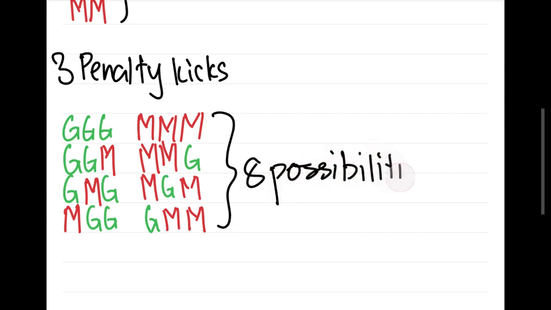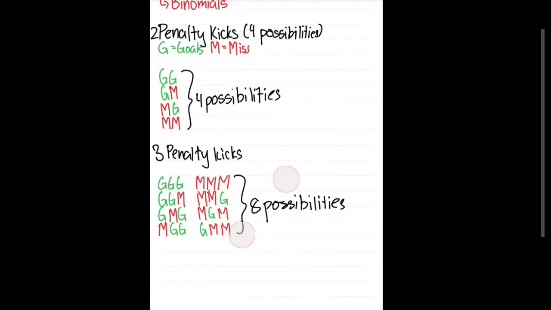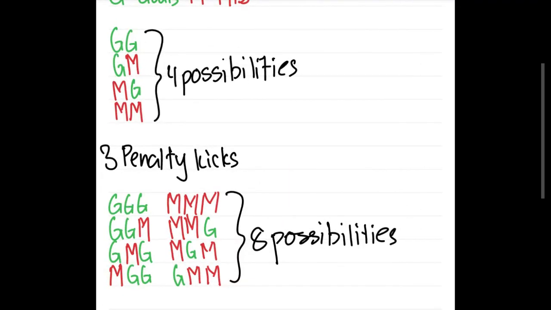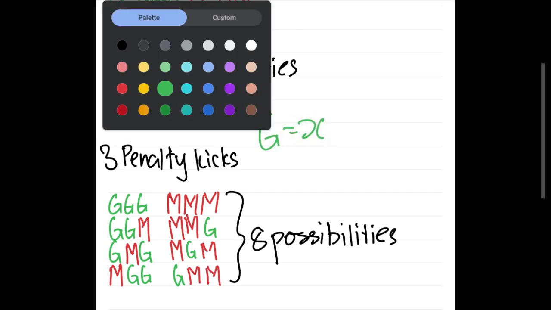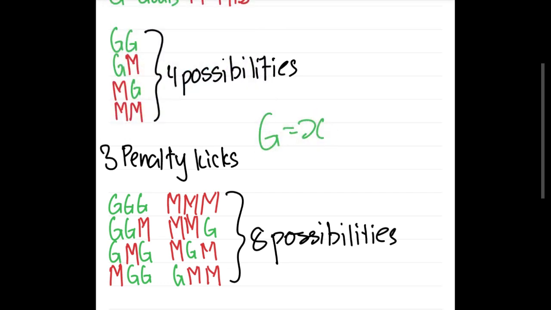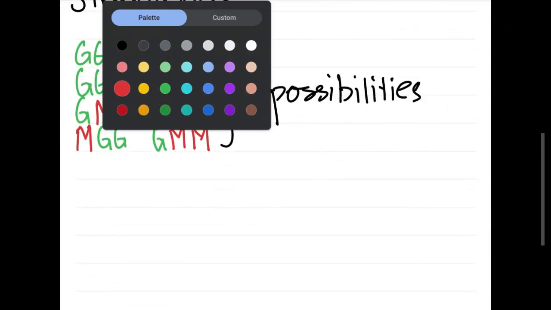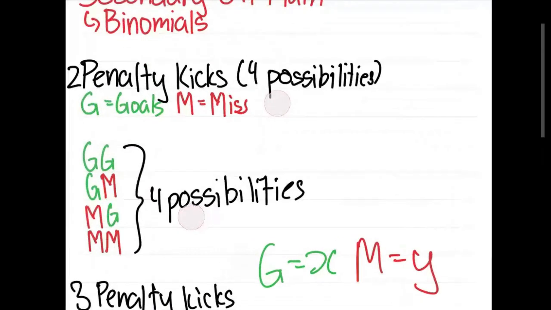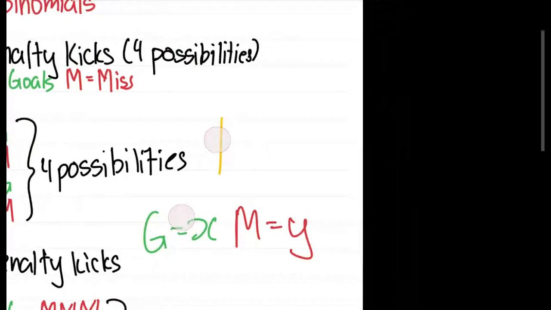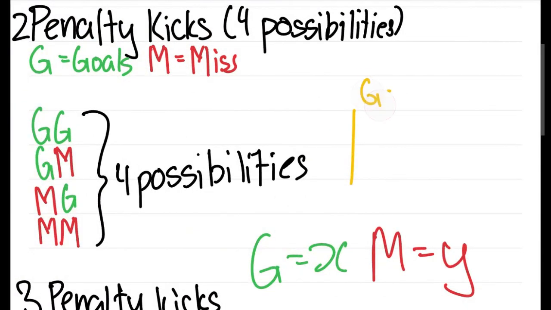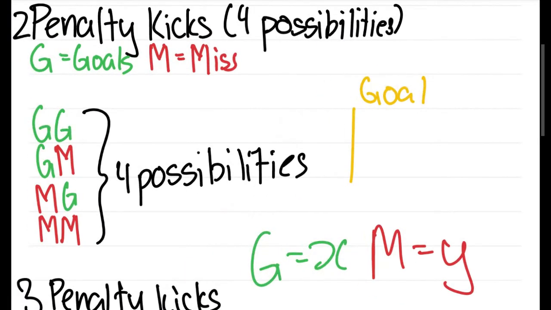Now what I want us to do is to replace the G with the X. So G has become X and M equals Y. Alright? Then let's say we fill up a table. Let's say for the two possibilities first.